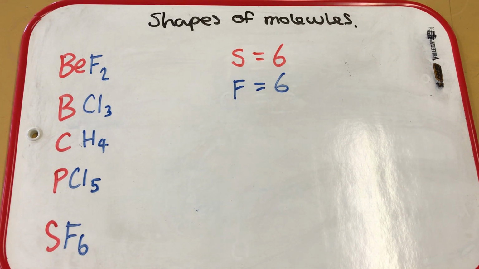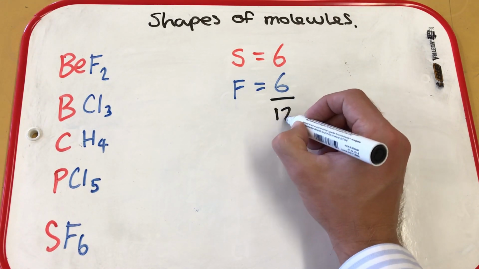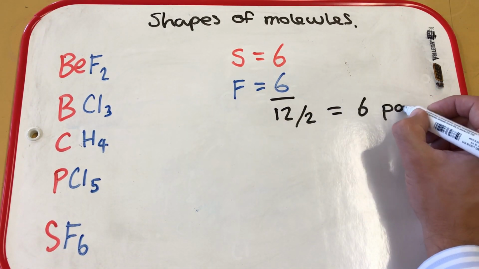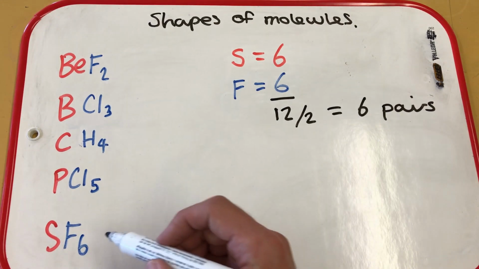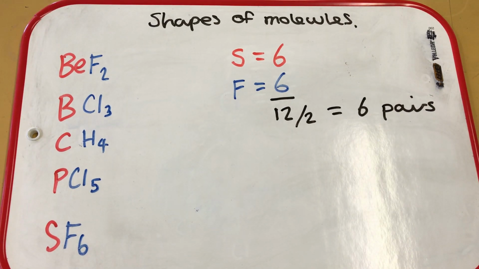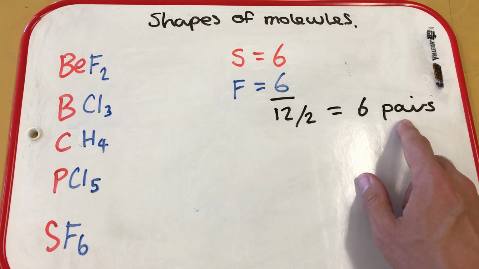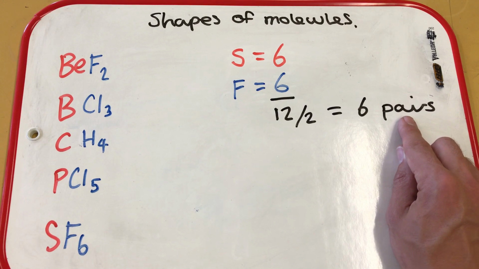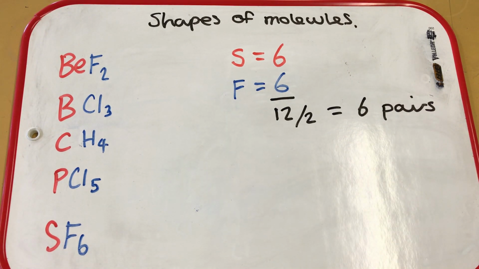That gives us a total of 12 electrons available to bond, which is 6 pairs. Have a look back at our original structure, our SF6, sulfur hexafluoride. We can see there are 6 pairs, there are 6 fluorines, so there are no lone pairs. All of the pairs of electrons are involved in bonding.